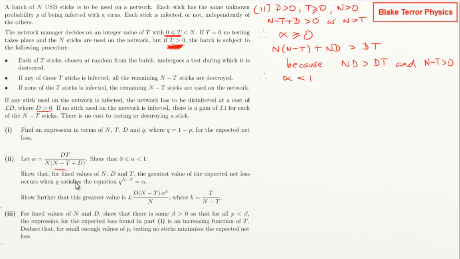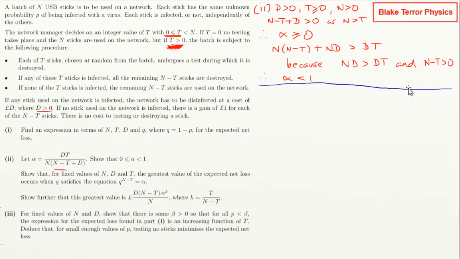Show that for fixed values of n, d, and t, the greatest value of the expected net loss occurs when q satisfies the equation q to the n minus t equals alpha. Right, so we need the greatest value of the expected net loss. So I need to find my expected net loss again, don't I?